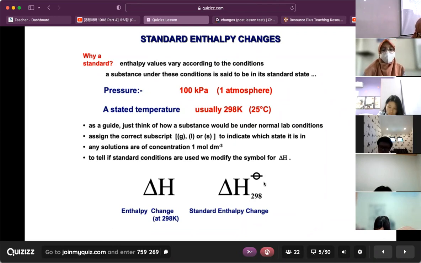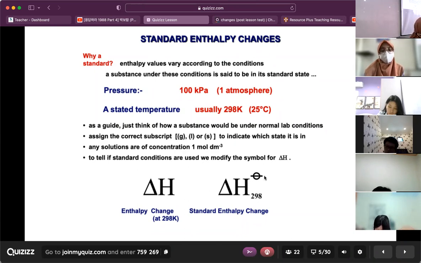So that's why enthalpy change is always represented like this. Enthalpy change, and then the symbol like this represents the standard condition, and also the temperature here. But usually there is no need to write down the temperature, just delta H and then this symbol.